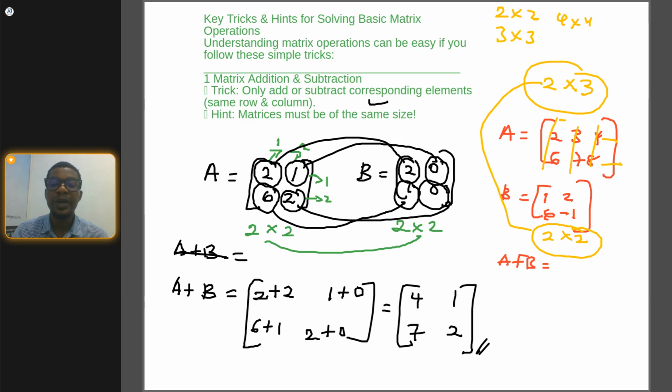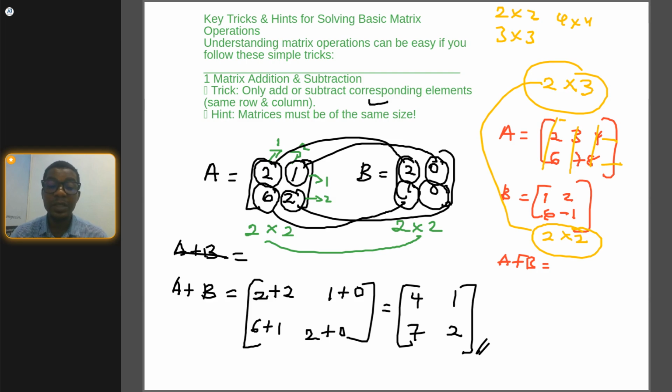So the final answer for A plus B is 4, 1, 7, 2.